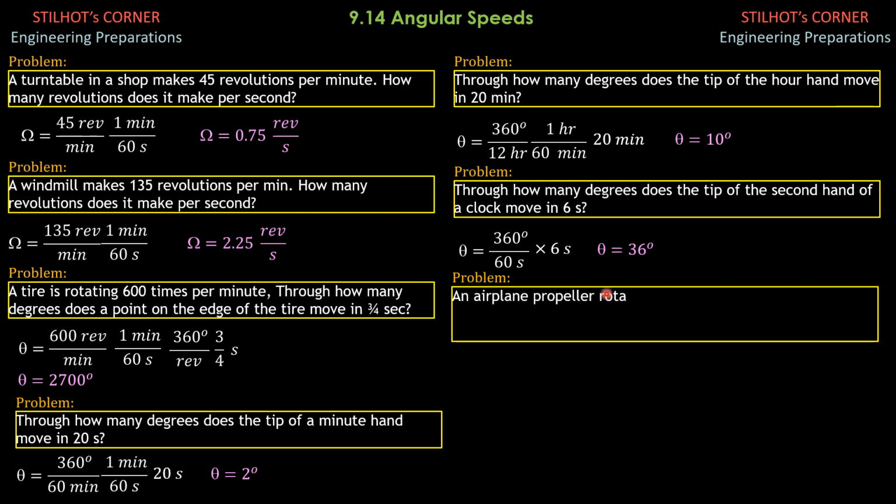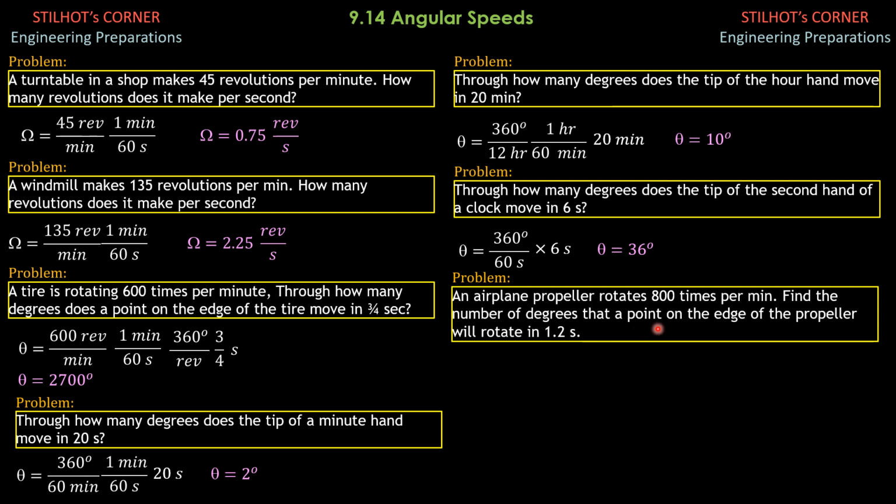Next, an airplane propeller rotates 800 times per minute, or 800 revolutions per minute. Find the number of degrees that a point on the edge of the propeller will rotate in 1.2 seconds. We begin with the angular speed of 800 revolutions per minute.